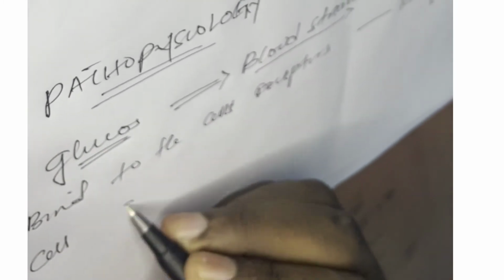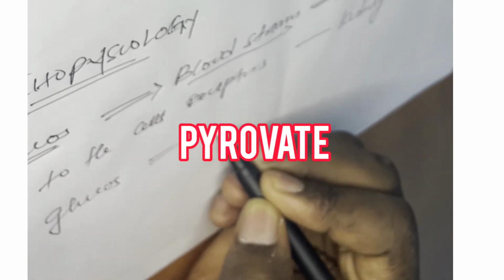Our body cells need this glucose because they convert it into pyruvate in order to produce energy in the form of ATP. So what do you think happens when our body cells cannot get this ATP? It is the energy that enables them to carry out their functions well.